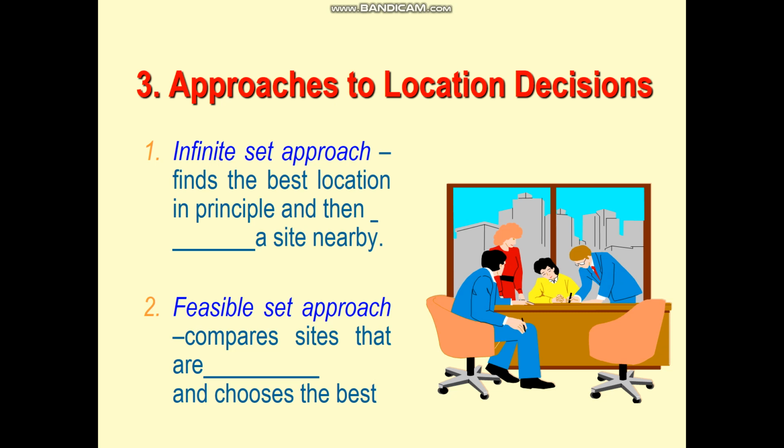So for example, let's say here is Ho Chi Minh City. After we consider the factors, the characteristics of the location we want, we see District 1 is the best location for us to locate our new facility.